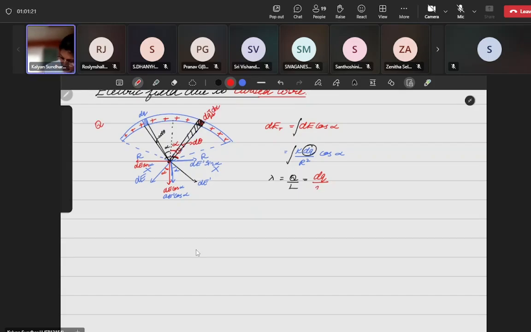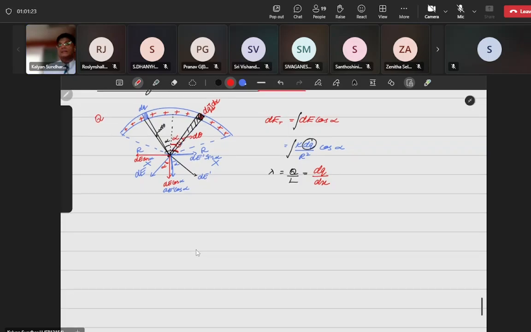So dq by dx, curve பாத்தா dx ன்னா என்னது? அவ்வளவுதான், arc length. இந்த curve part-ல மட்டும்தான் dq value இருக்கு, and this is the r value here. We have taken it as d theta. Correct, so what shall I do here?